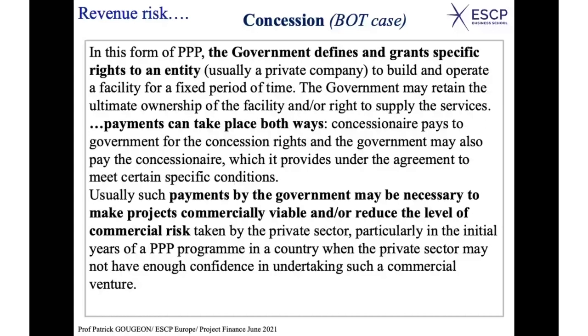In this case, the government has to pay something, a kind of subsidy, to make sure that the profitability of the infrastructure will be high enough and attractive for the private sector. This is a very common case for all types of public infrastructures.